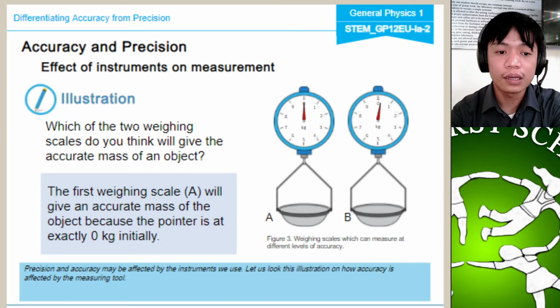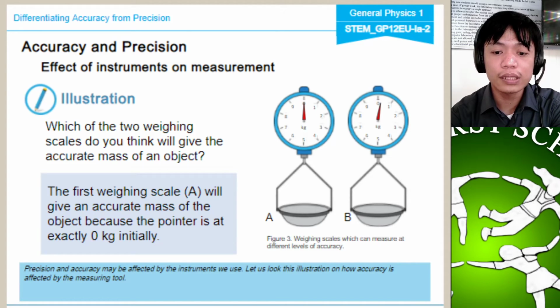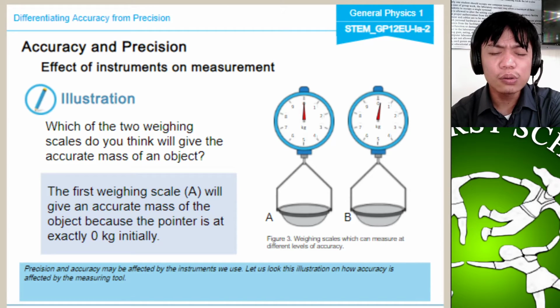Now, the figure 3 is weighing scale which can measure at different level of accuracy. So, what do you think? The first weighing scale A will give an accurate mass of object because the pointer is at exactly 0 kilogram initially. So, basically, the standard value for the kilogram is 0.